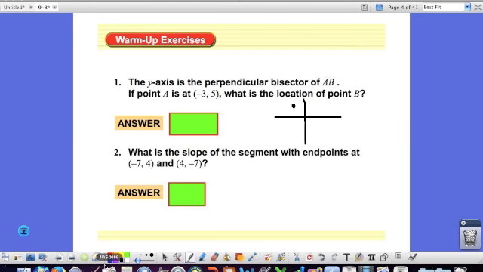If I have AB that's going from point A over to point B, and it's 3 spaces from this point to the y-axis, it would then be another 3 from this point to the y-axis, and the location of B would be 3, 5.